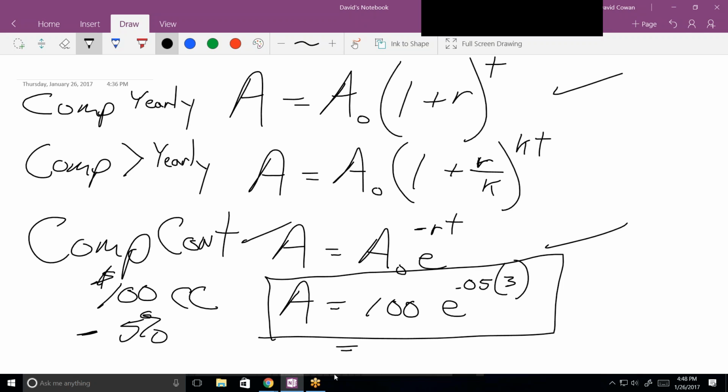I mean, I have to put it into a calculator, but this is how I would get it. E to the minus 0.05 times 3, because it's decay, it's not growth. Right. So for decay, you can just make it negative. Oh, it's always negative rates, right? Yeah.